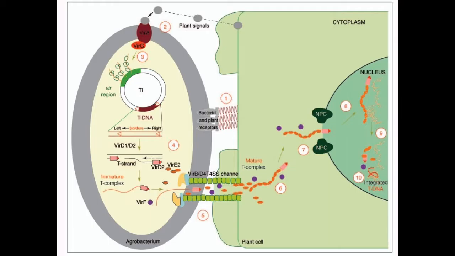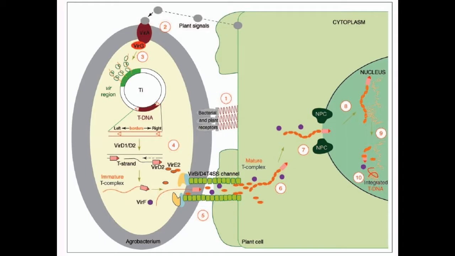Now, this is a really cool system, and even if the story ended here, and it doesn't, it would be a really cool story. But this process has been co-opted by people in biotechnology companies. This is the underpinning of every transgenic plant ever made, so far as I know.